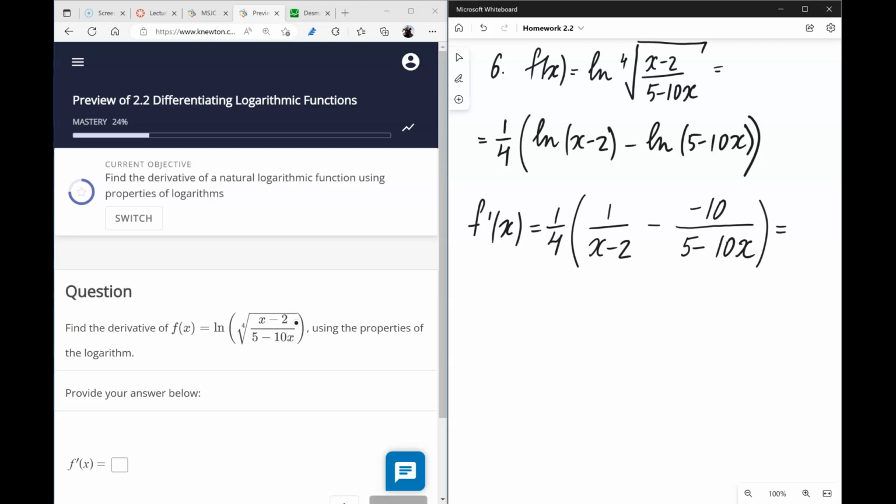So I'm going to leave 1/4 outside, but I am going to rewrite this one and reduce everything by 5 and flip the denominator. And that's the final answer.